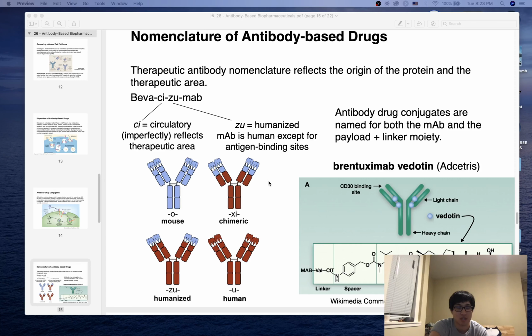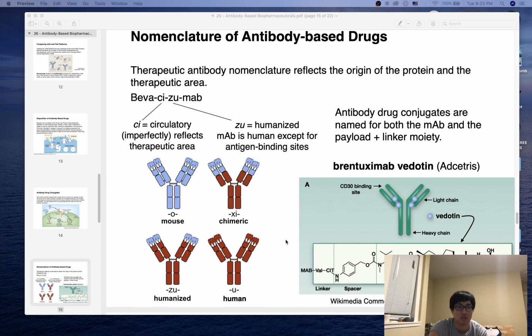I have seen a question from past years, so you should memorize these abbreviations, what these stand for.